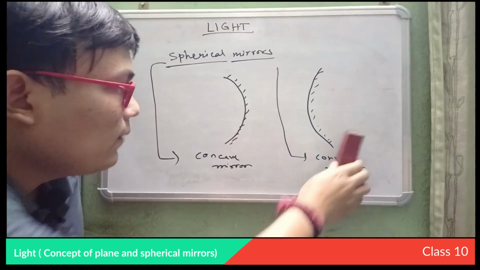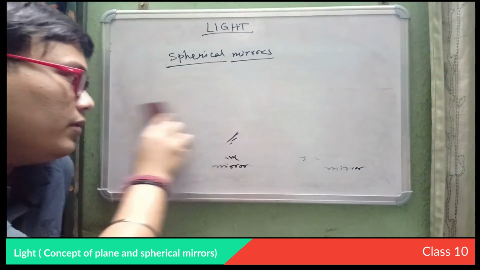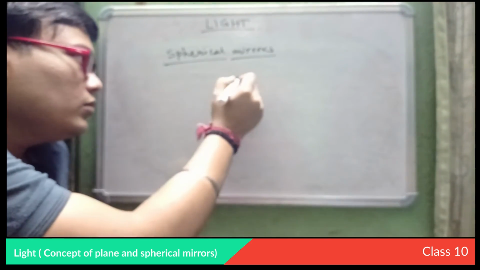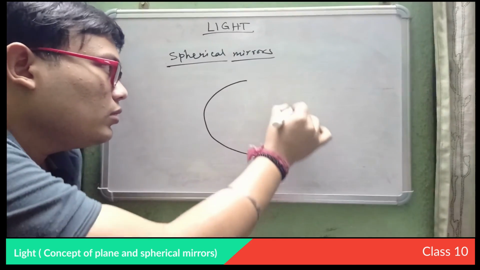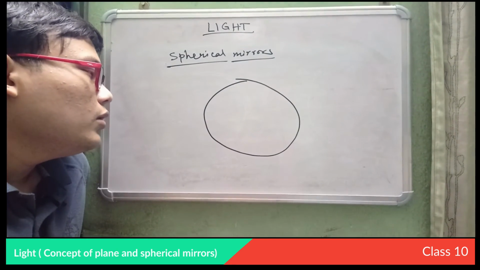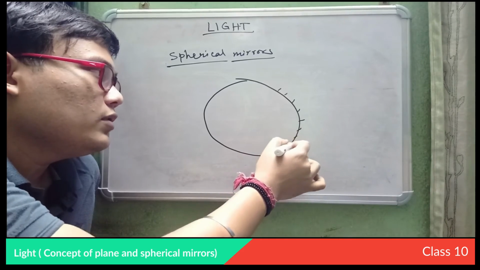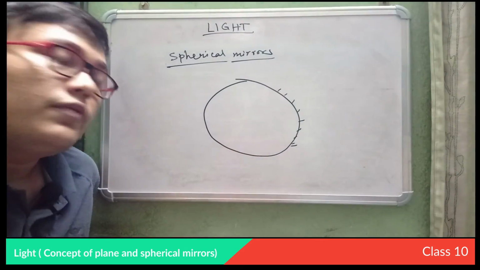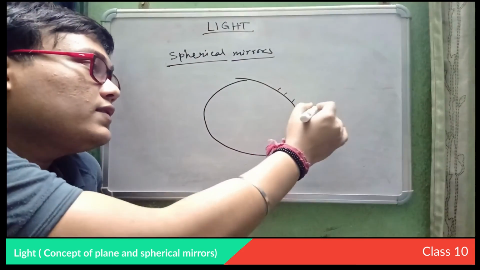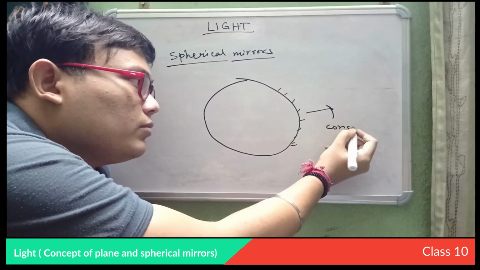Now, if we take the sphere example again, if we polish this surface, so the reflecting surface is towards the inside and it's curved inwards, this surface becomes a concave mirror.